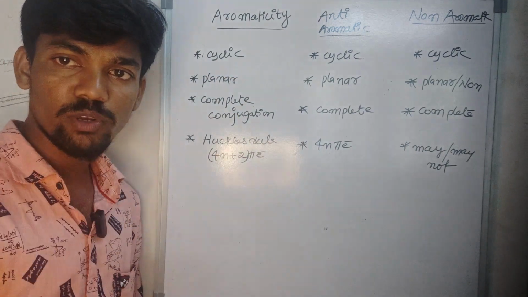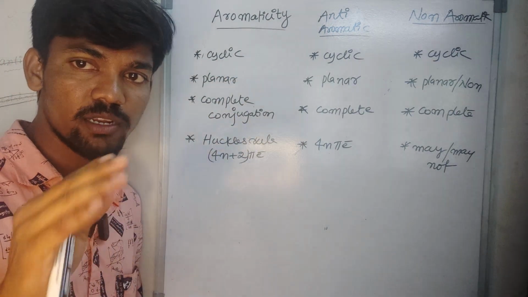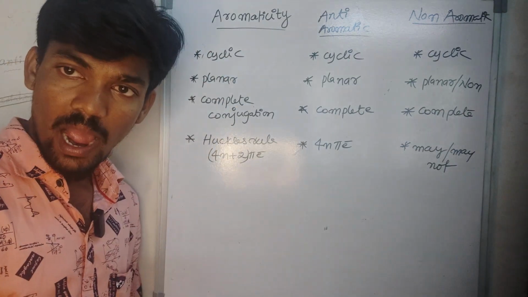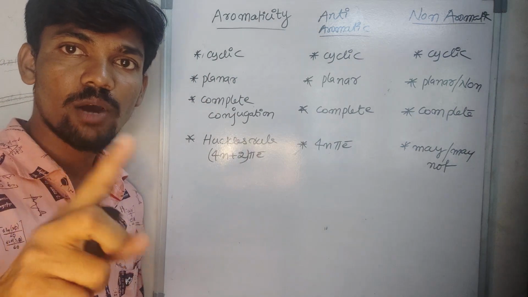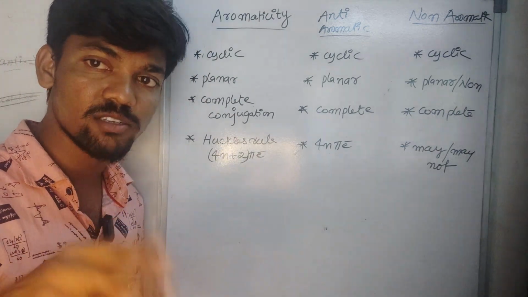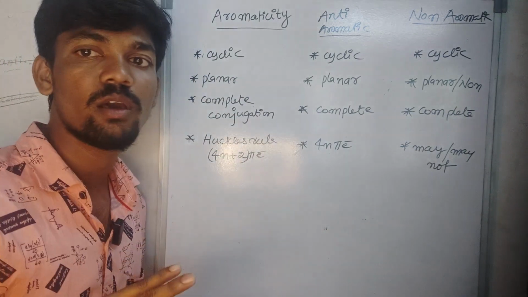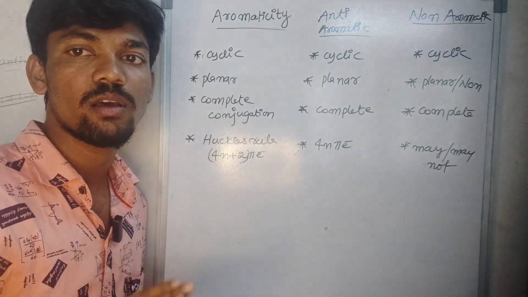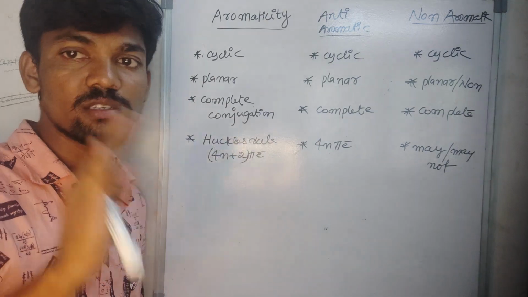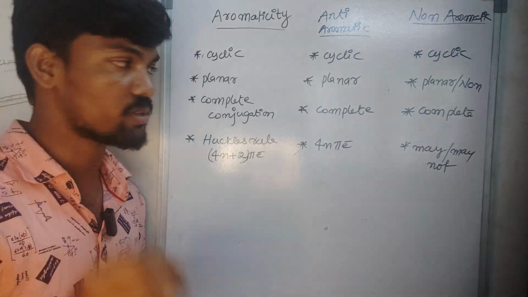If only sp2 carbons are there in a cyclic manner, it has to be a planar molecule. If a mixture of sp and sp2 carbons is there, it is also planar, but there is one exception: if a carbon undergoes sp3 hybridization, it will not be planar, so it is non-planar. You have to remember that.